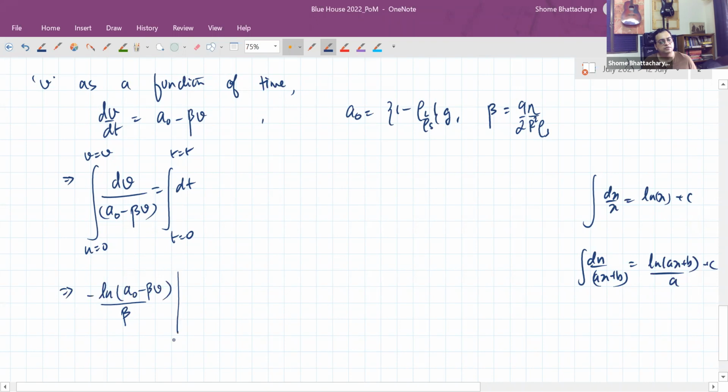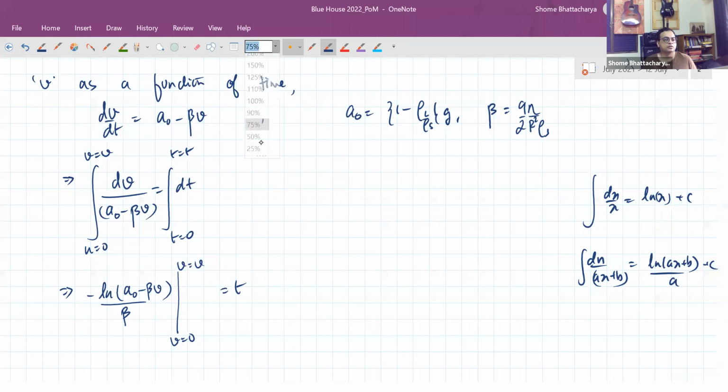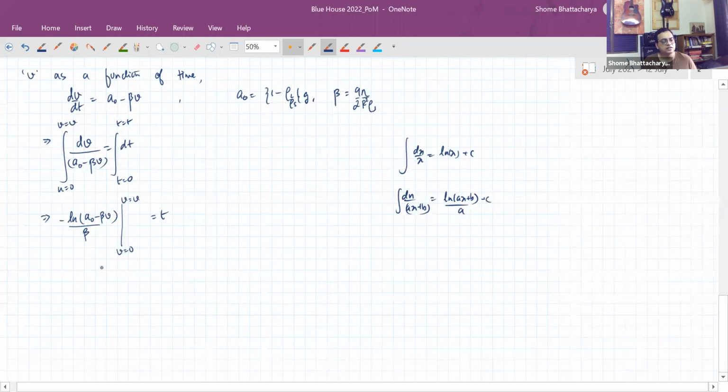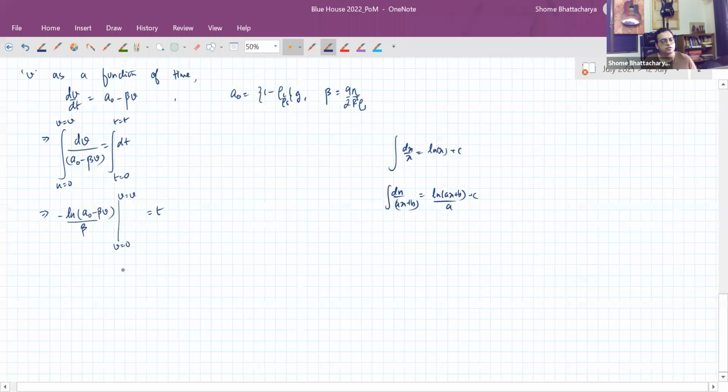On that we'll put the limits from v equal to 0 initially to v equal to v. The other side we just have time. Now substitute the limits: minus ln of a naught plus ln of a naught minus beta v. Carry this beta to that side, so ln of a naught minus beta v divided by a naught is equal to minus beta t. Now take the exponential on both the sides.